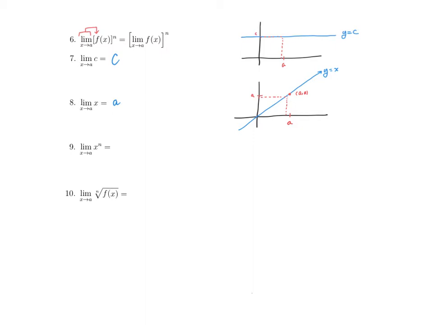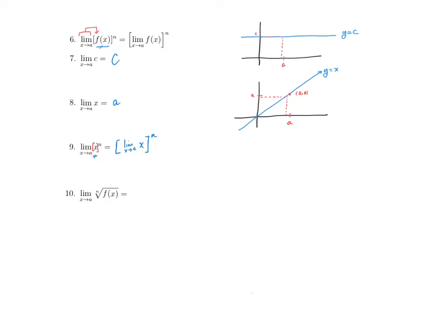Now for the 9th limit law, we could actually combine together limit laws 6 and 8 to explain why this is true. In terms of x to the nth power, we can think of x as playing the role of the function in limit law 6. That 6th limit law tells us we can take that limit as x approaches a and push it through that nth power.